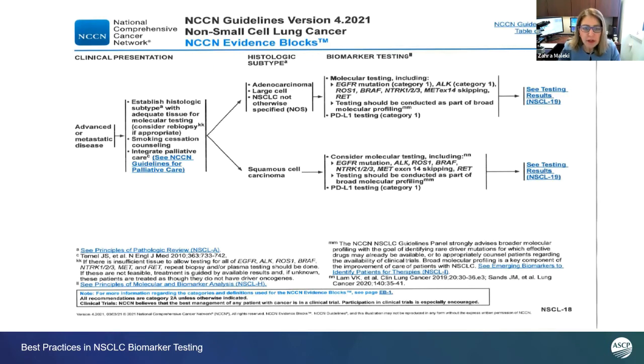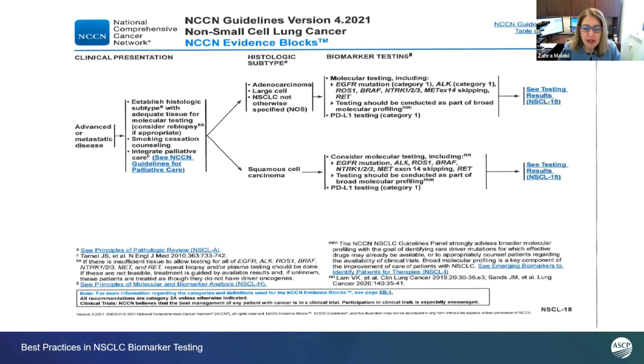And it's very important to give a diagnosis for non-small cell carcinomas, either squamous cell carcinomas, adenocarcinomas, or other types of non-squamous, non-small cell carcinomas.